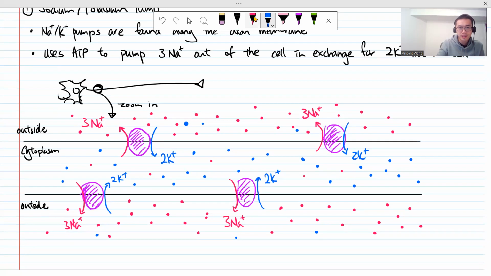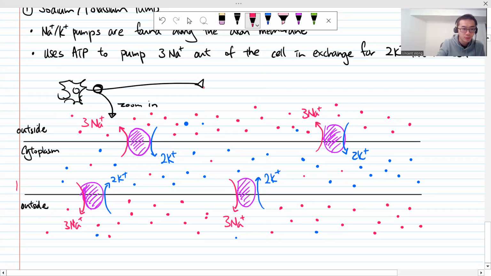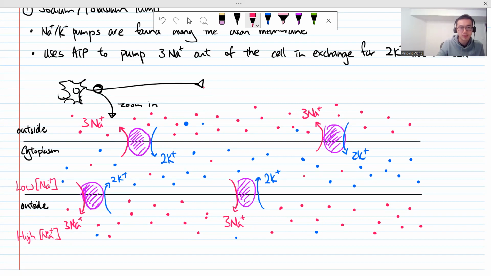If all these dots are confusing you, you can just write low sodium concentration inside. Remember, square brackets mean concentration. And high sodium on the outside. I'm going to repeat it over here. You will see later on why I have to write it on both sides.